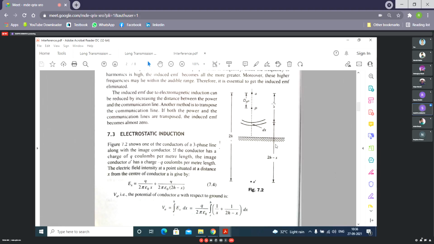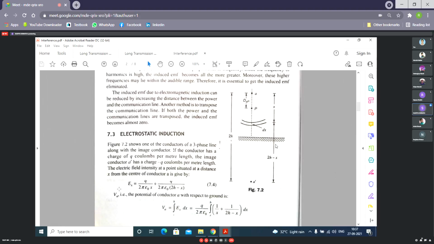It must be 2h minus x. Okay, so the electric field intensity at a point situated at a distance x from the center of the conductor is given by Q by 2 pi epsilon 0 x, because this is the formula for electric field intensity, minus of minus Q by 2 pi epsilon 0 (2h minus x). Okay, because it is in the opposite sign, minus of minus Q, it is carrying charge minus Q, it becomes this one.